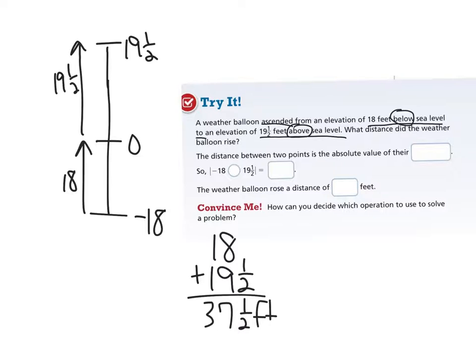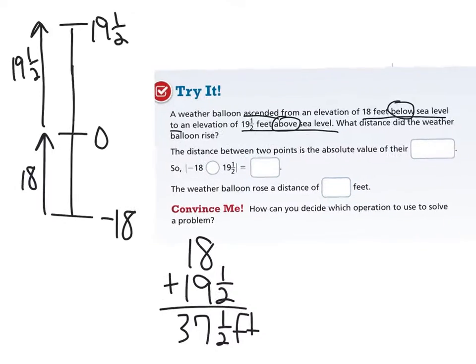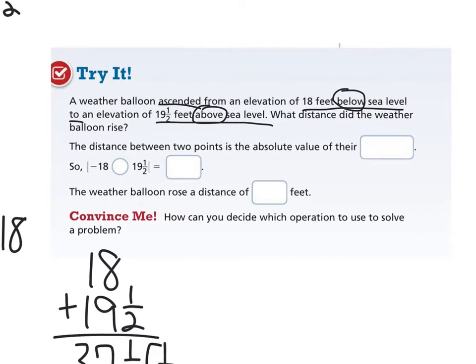The book is maybe making this a little bit more complicated. So they're saying the distance between 2 points is the absolute value of their difference, if you were filling in the blanks in here.